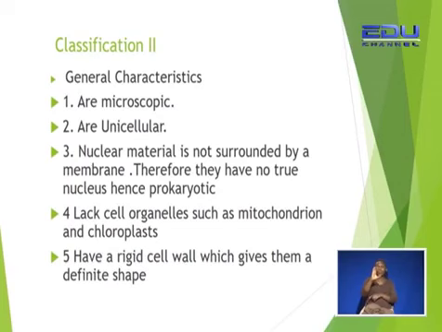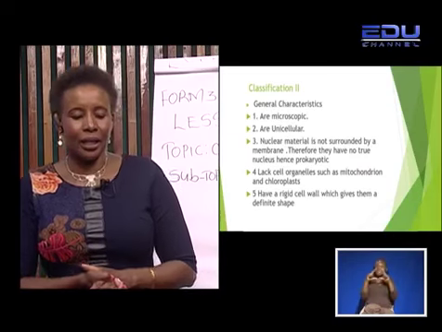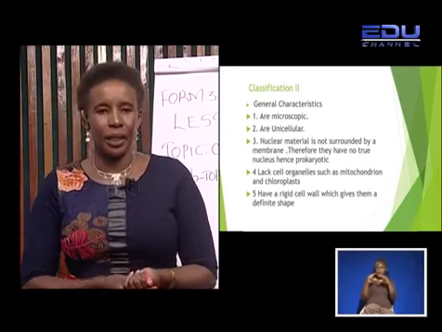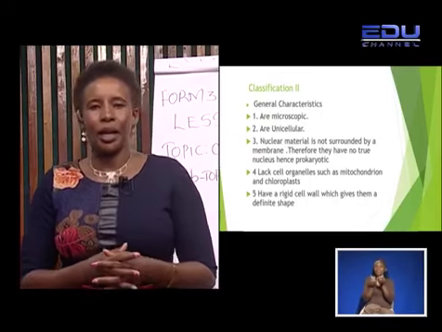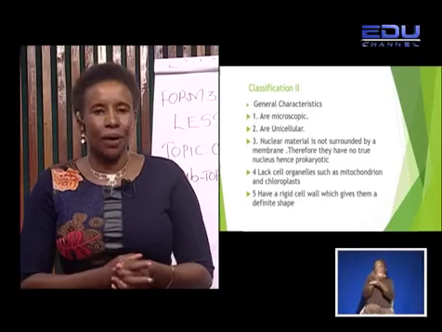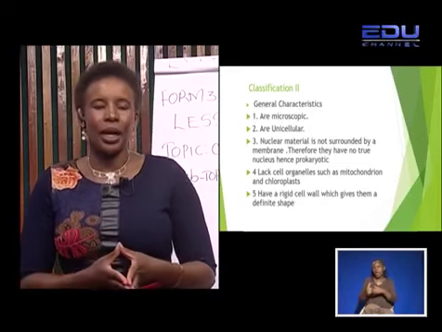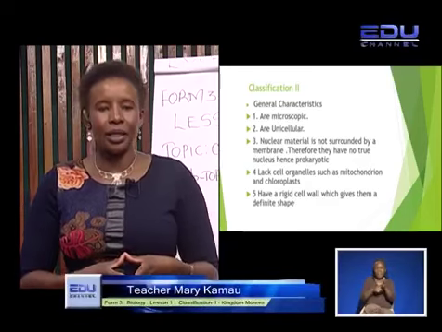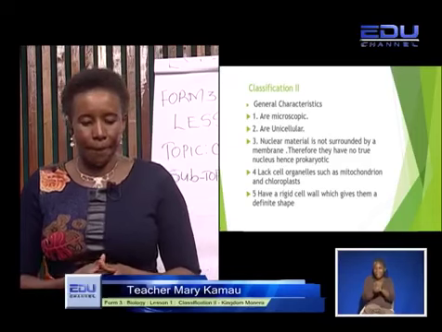Unicellular means that they are single-celled. And single-celled organisms are simple organisms which lack most of the elaborate structures that are found in multicellular organisms. So Kingdom Monera comprises organisms which are unicellular.